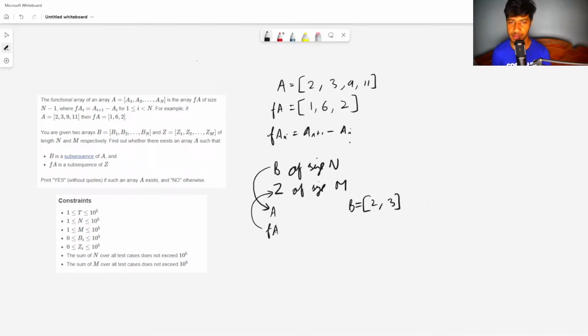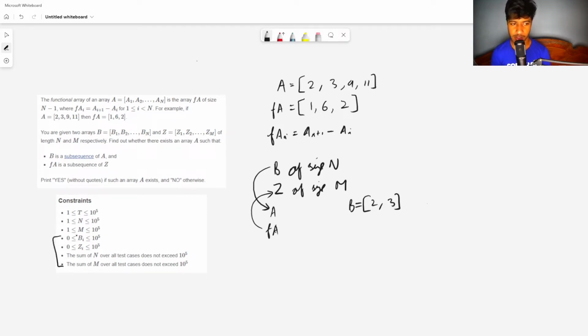A few observations we can make. One of the observations that I personally came up with when trying to solve this problem: the first thing people think of is the size of the arrays. First, let's look at the constraints properly. The last four constraints are the most important ones.